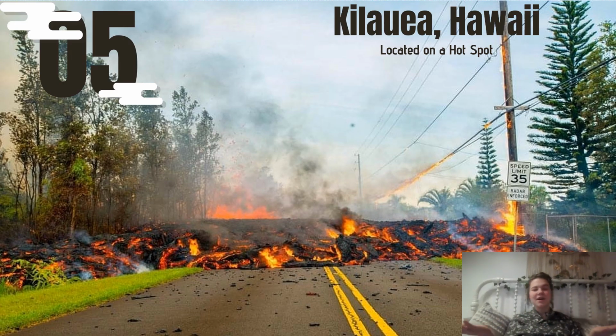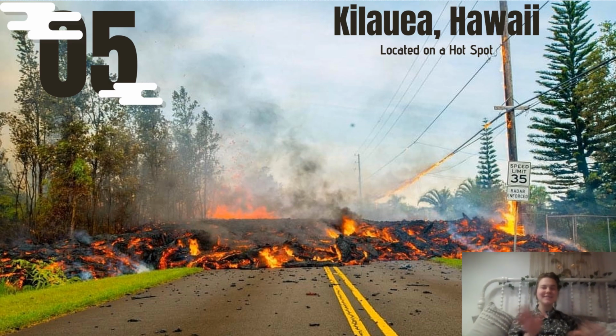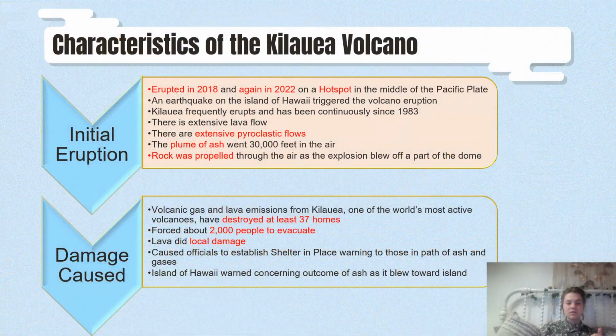And right here is our fifth location. And again, mispronunciation. It's becoming a trend now. Kilauea, I'm sorry, is located in Hawaii, and of course, this is a hotspot. This volcano erupted in 2018 and 2022.